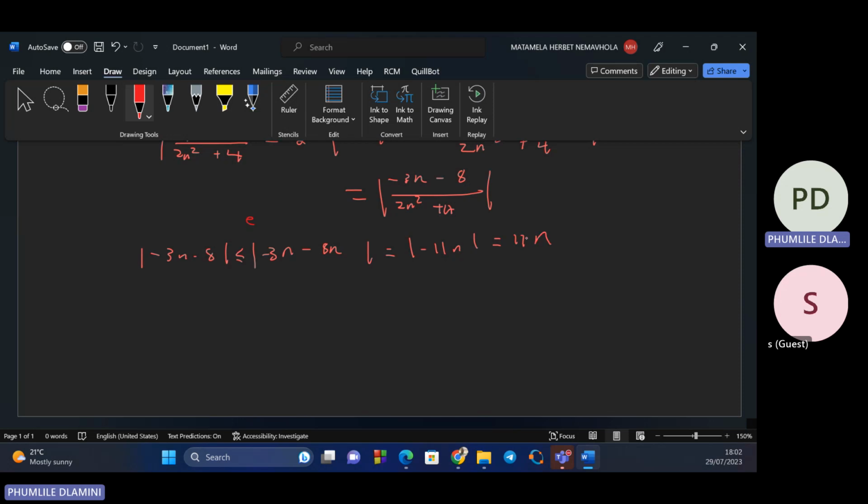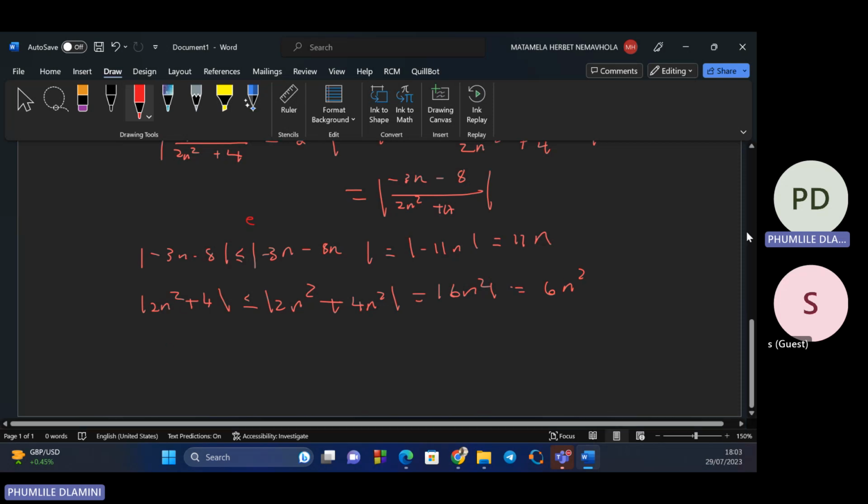If you check, we can also do the one for 2n squared. The absolute value of 2n squared plus 4 is less than or equal to 2n squared plus 4n squared, which is 6n squared.